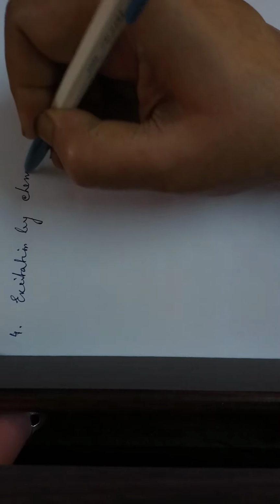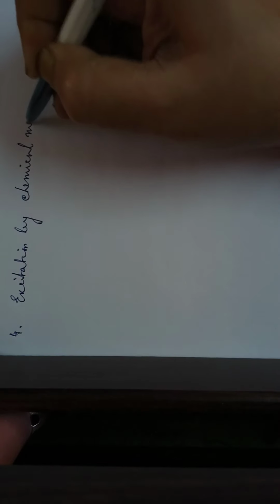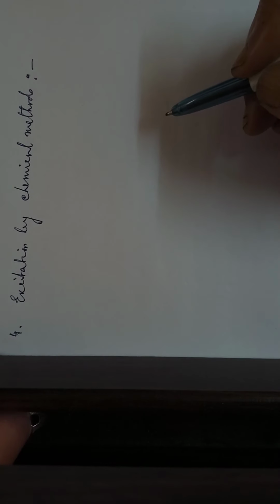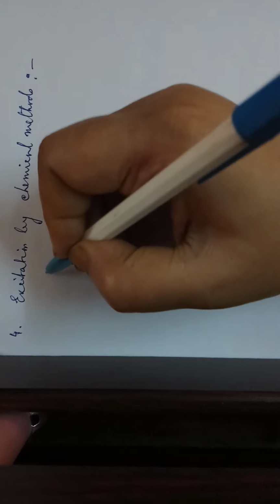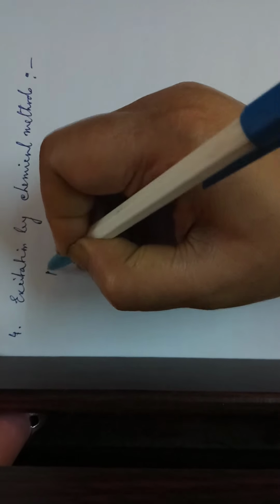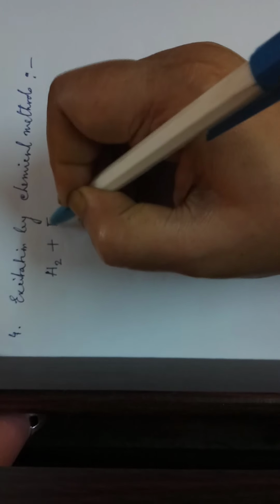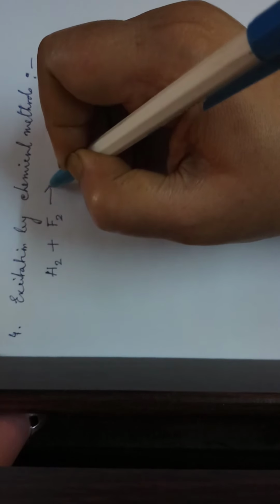Number 4, we have excitation by chemical methods. What is the meaning of excitation by chemical methods? If you have, say, hydrogen and fluorine together, then you get hydrogen fluoride.